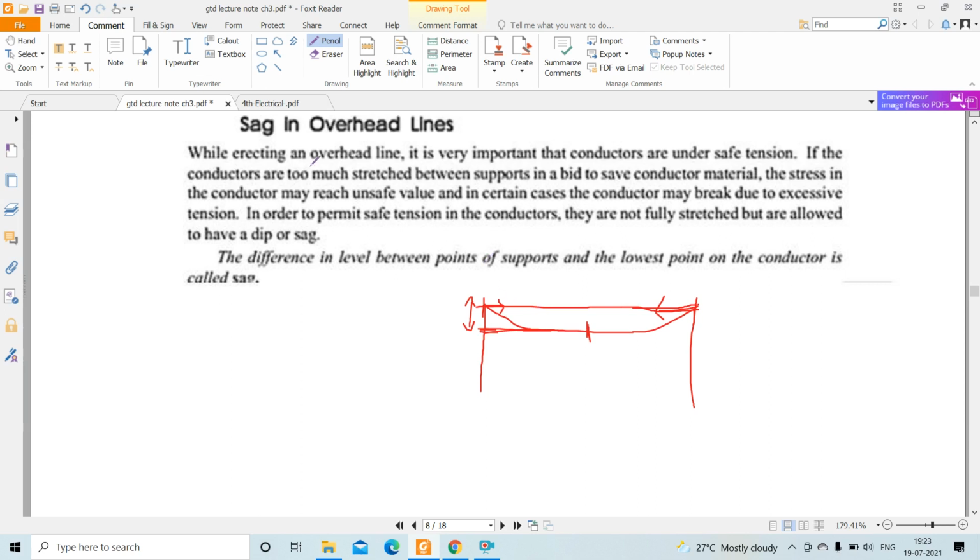Or you can see, this is the conductor, this is the point of support, this is the maximum dip, so the distance between these two is called your sag.